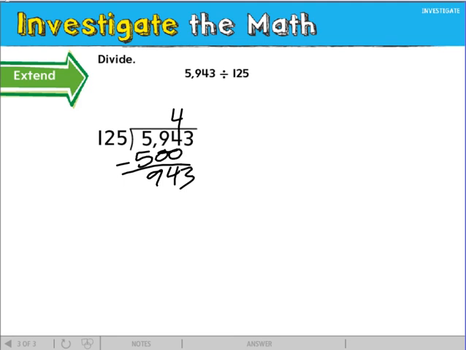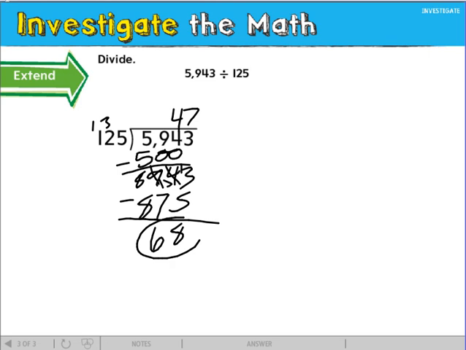It's going to be 7. 7 times 5 is 35. 14 is 17. 8. Subtract it. So it's 47. Remainder 68.